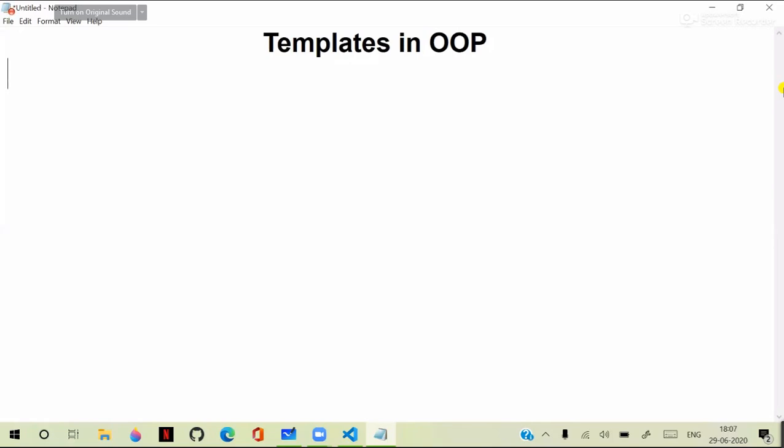How this entire feature works, we will see. I gave an overview about templates, but we can't start with templates immediately unless we know some important points. What are those? We will see that.